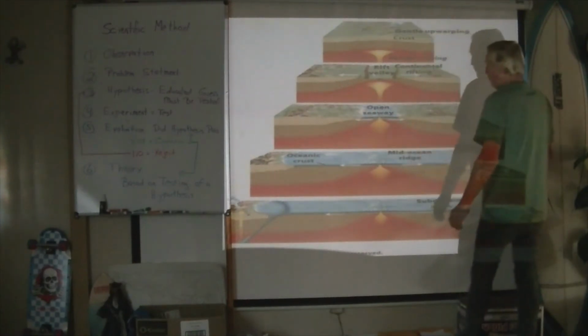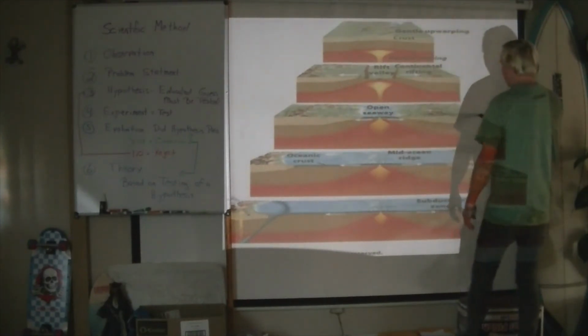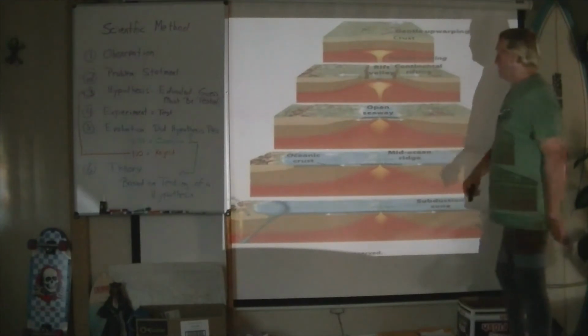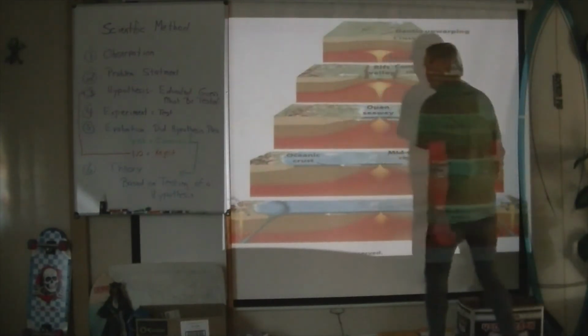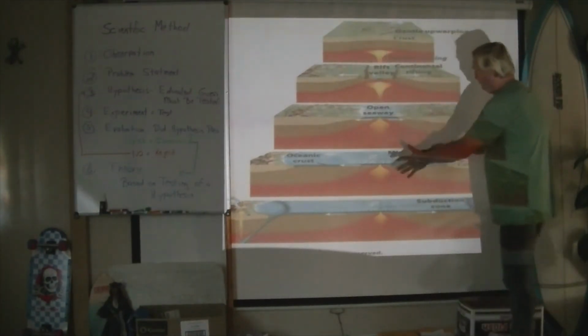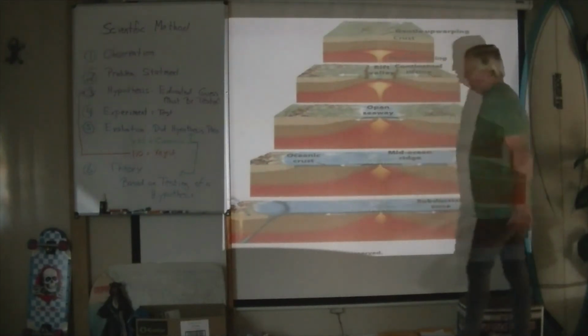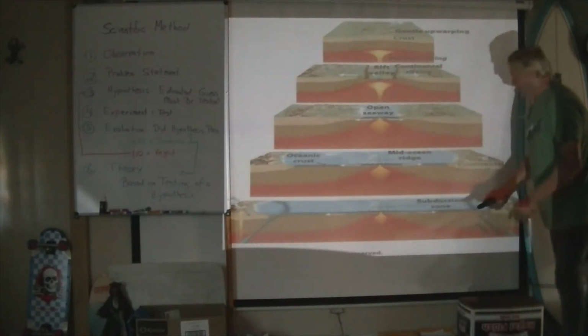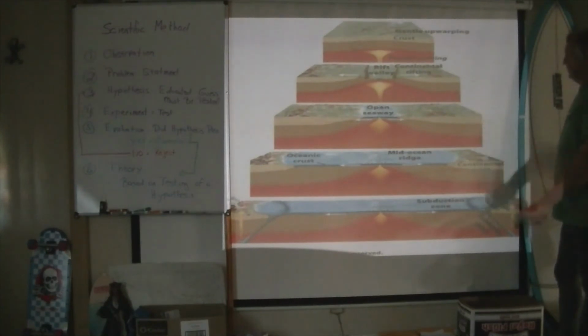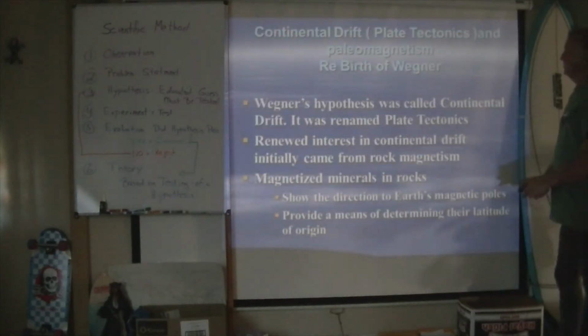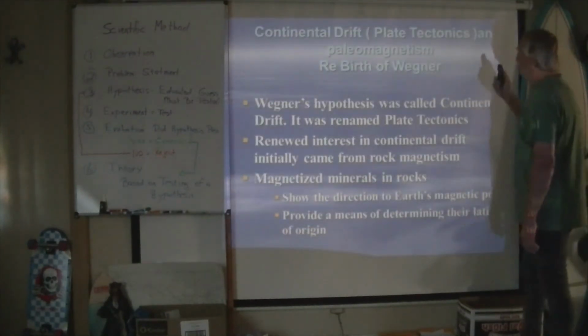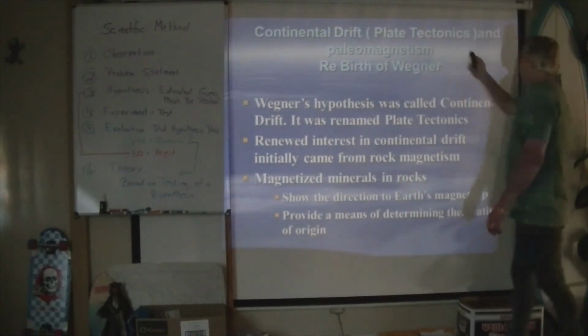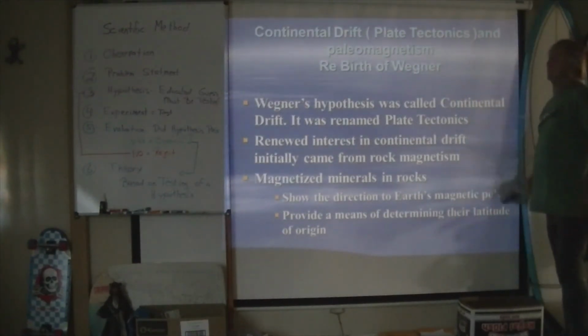As the Atlantic Ocean opened up, it pushed Europe to the east, it pushed North America to the west. Over 250 million years, the Atlantic Ocean opened up into what we see today. So this is the basis for plate tectonics. Continental drift is what Wegener came up with. Plate tectonics is what we call it today.